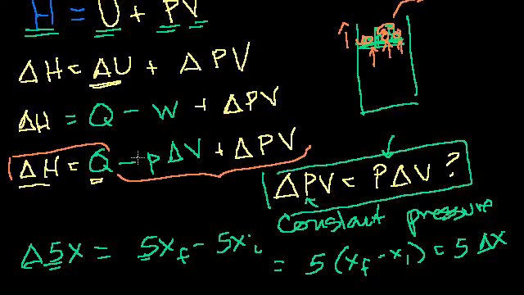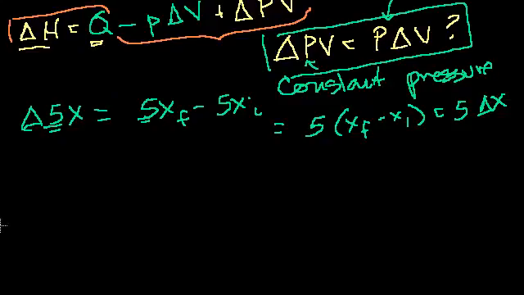So if pressure is constant, which is a key assumption, and heat is being applied in a constant pressure system, we could write it this way. I'll write it multiple times because this is key.